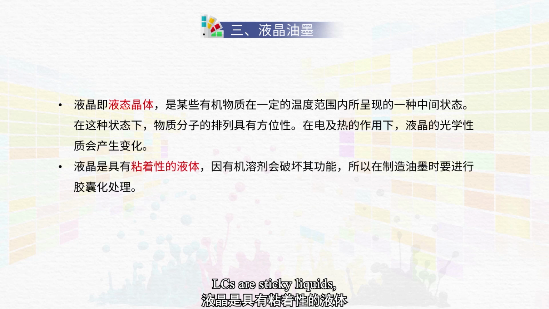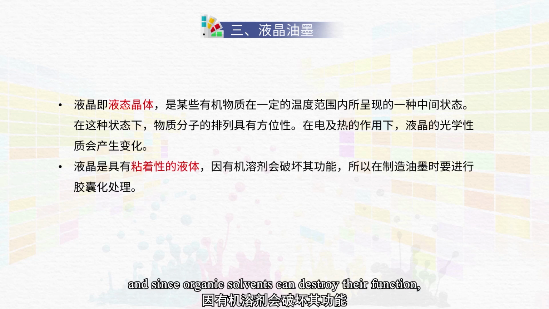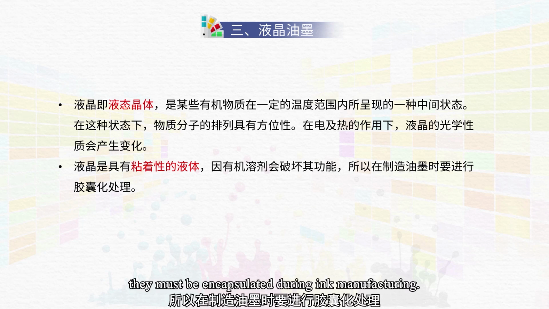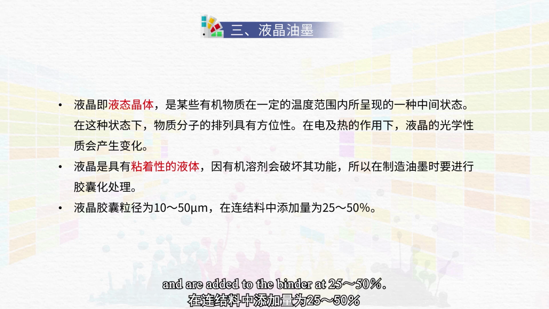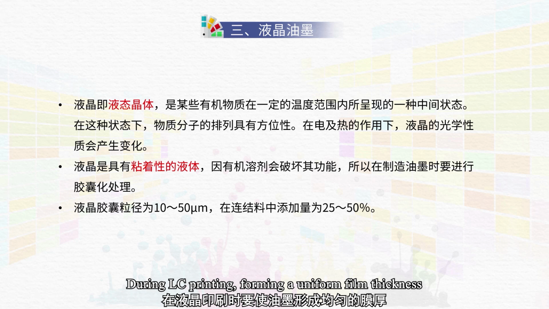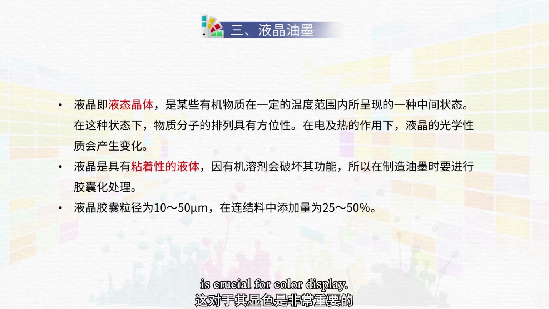LCs are sticky liquids, and since organic solvents can destroy their function, they must be encapsulated during ink manufacturing. Liquid crystal capsules have a particle size of 10 to 50 micrometers and are added to the binder at 25 to 50%. During LC printing, forming a uniform film thickness is crucial for color display.